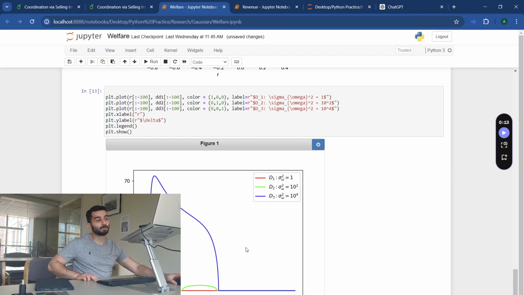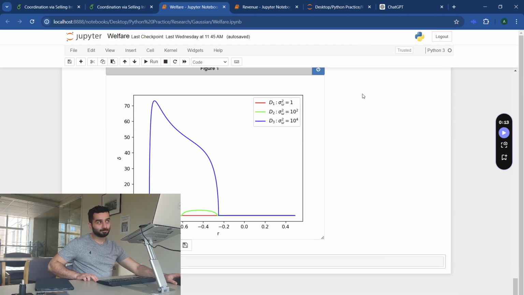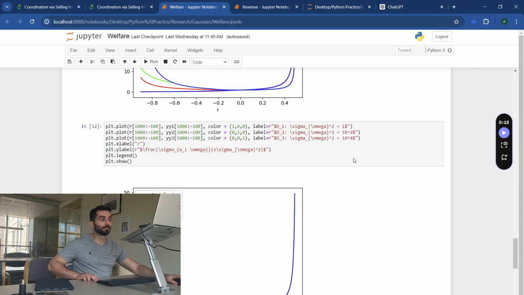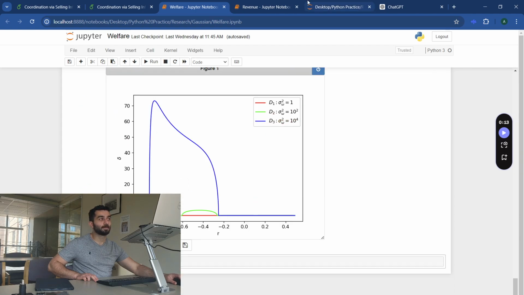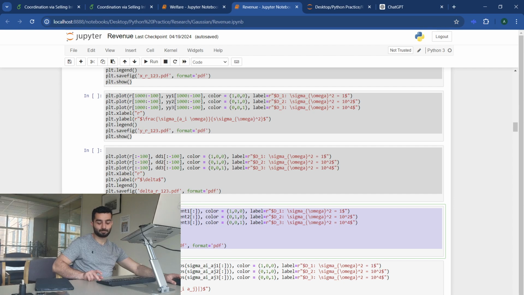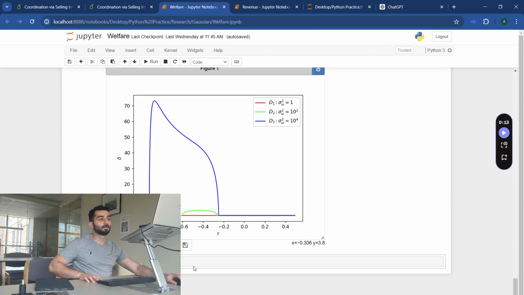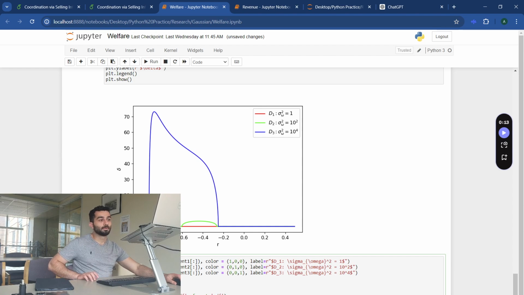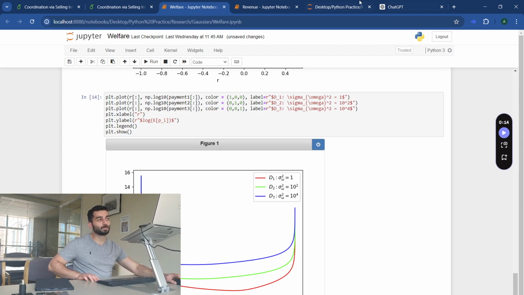Oh, delta changed. Feels the same still. And what else? Payment. Quite similar, right?